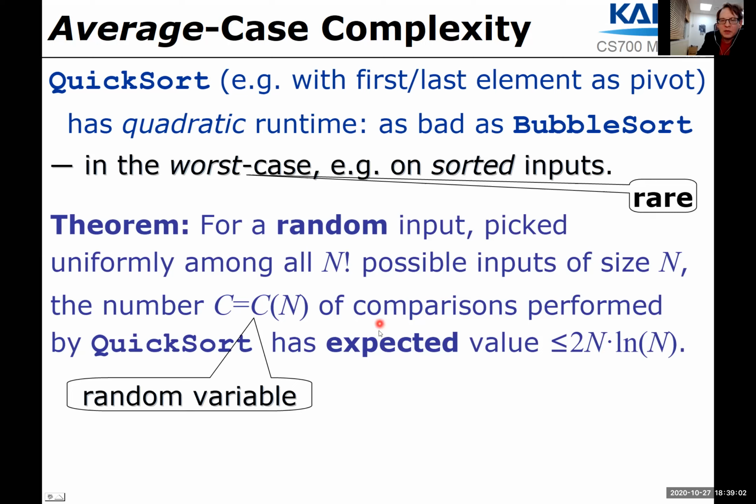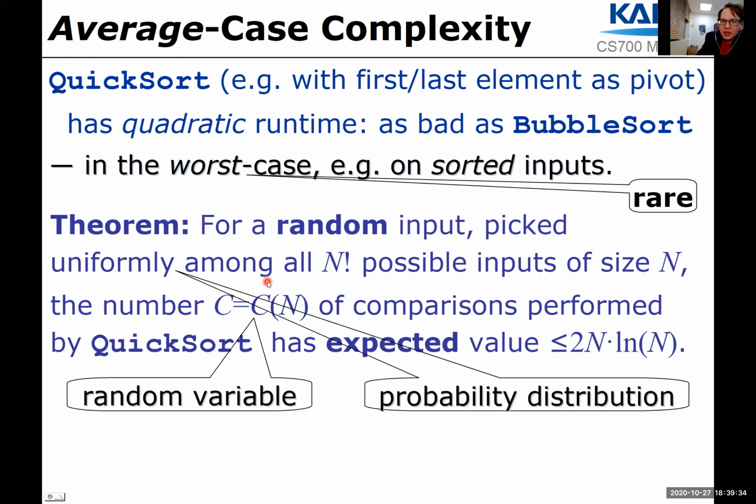So therefore, it makes sense and actually is required to talk about the expected value of this random variable. The expected running time is n log n, which is optimal, but there are still these worst cases, but these worst cases are sufficiently rare so as to not really increase the expected running time beyond the optimal asymptotic n log n.